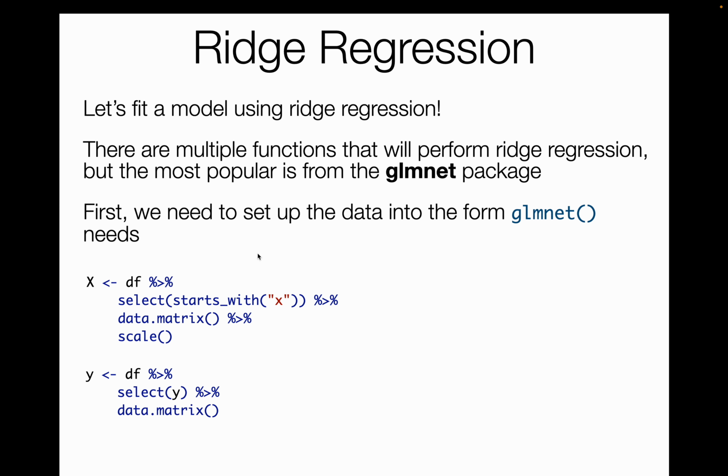With the LM function, we just supplied the data and said, here's the relationship we want, let's fit it. Well, now the GLMNet package works totally different. It needs a matrix and vector, which can be very annoying and something that tidy models looks to fix.